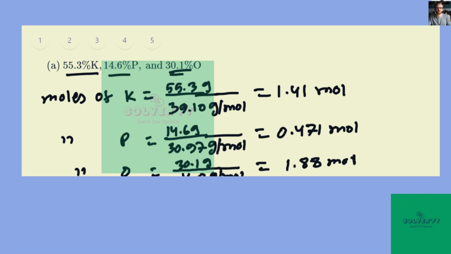Now using the second rule, we will divide each number of moles by the smallest number of moles to find the simplest ratio of the elements. From here we can see that the smallest number is this, so we will divide each number of moles by this 0.471, which will give us a ratio of the elements present in the compound.